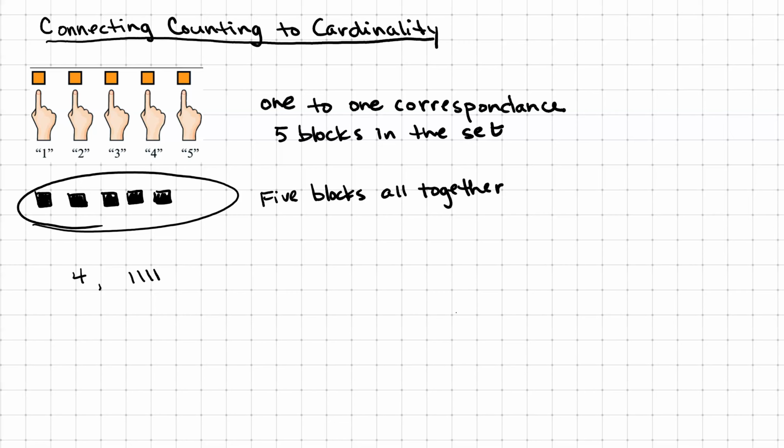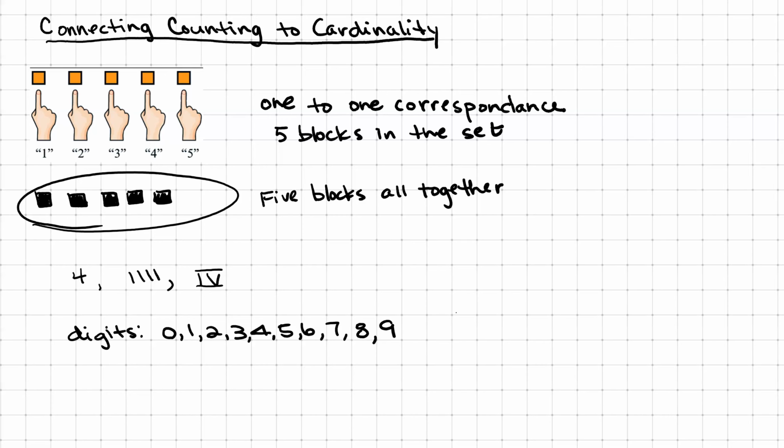Or it could be represented by the Roman numeral of 4. There are multiple ways to represent 4. So why do we stick with what's been given to us, which are the digits 0, 1, 2, 3, all the way through 9?